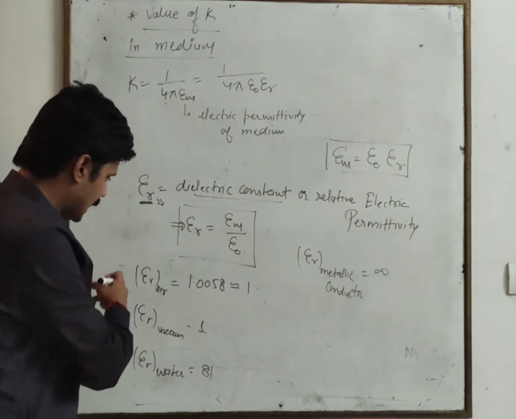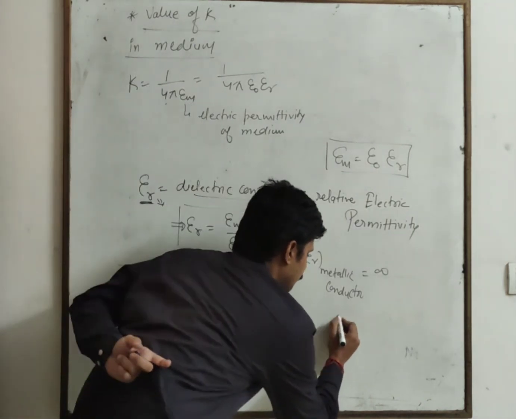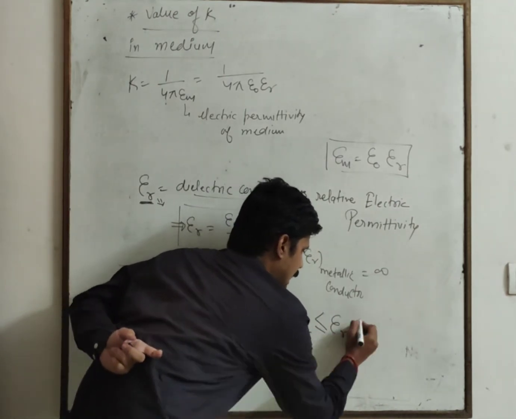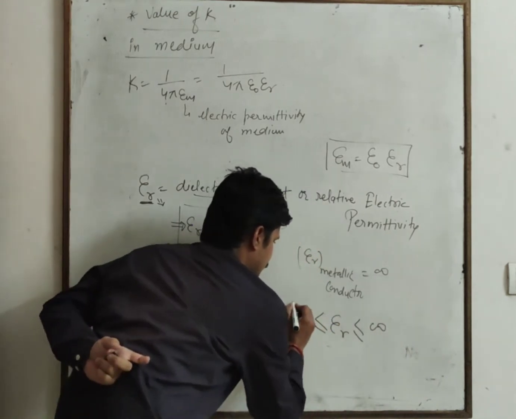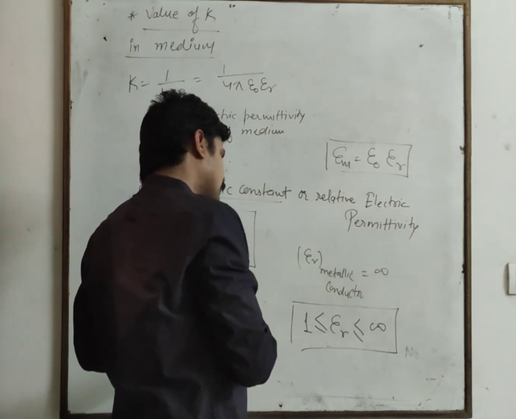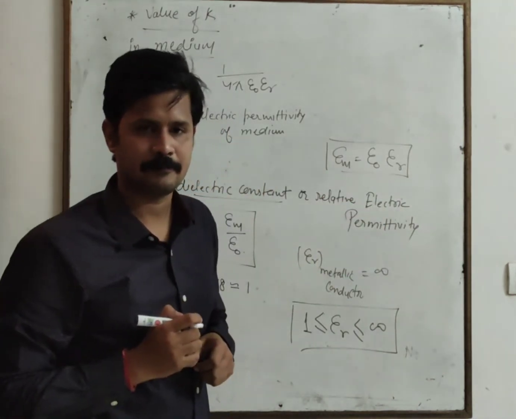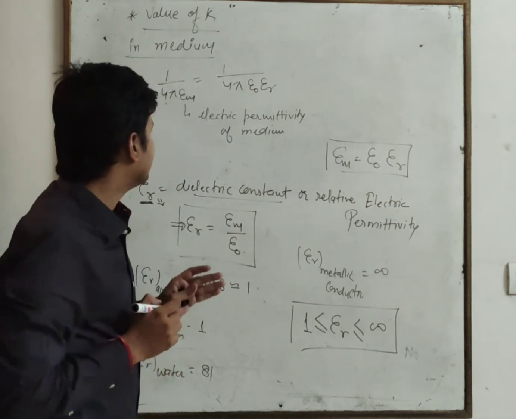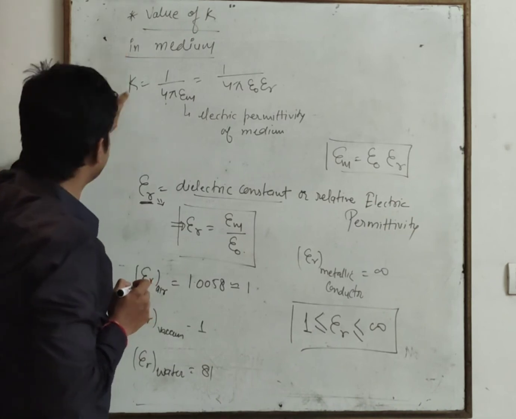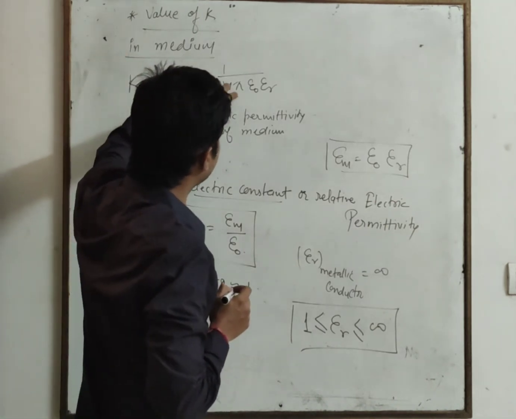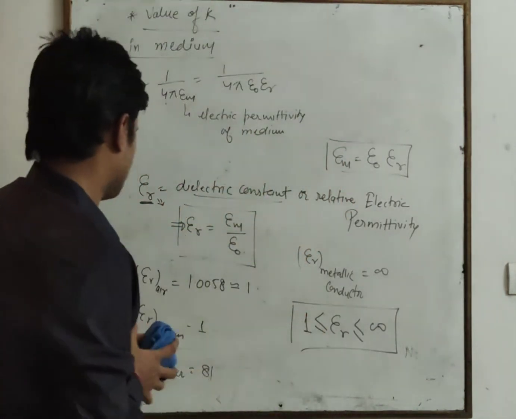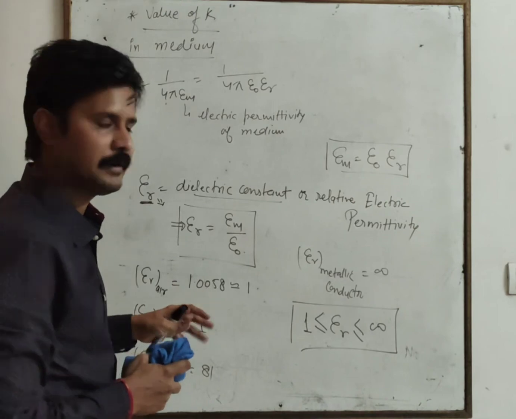And from the expression we can say that the value of epsilon r is always greater than or equal to 1 and less than or equal to infinite. It means the value of epsilon r lies between 1 to infinite. Understand? Then the value of K in medium can be written as 1 upon 4 pi epsilon naught into epsilon r. Now, you got it? Next.